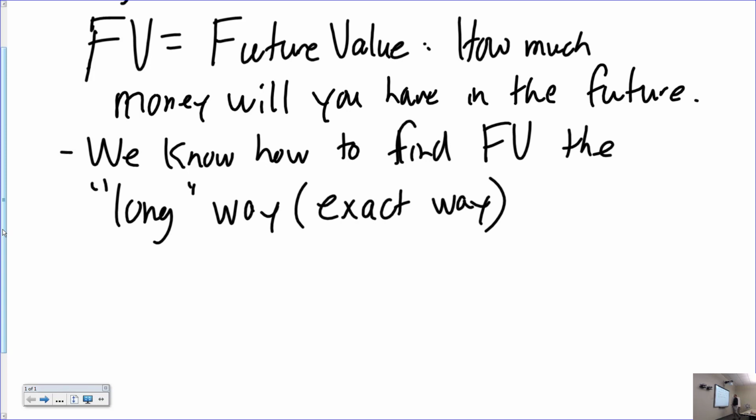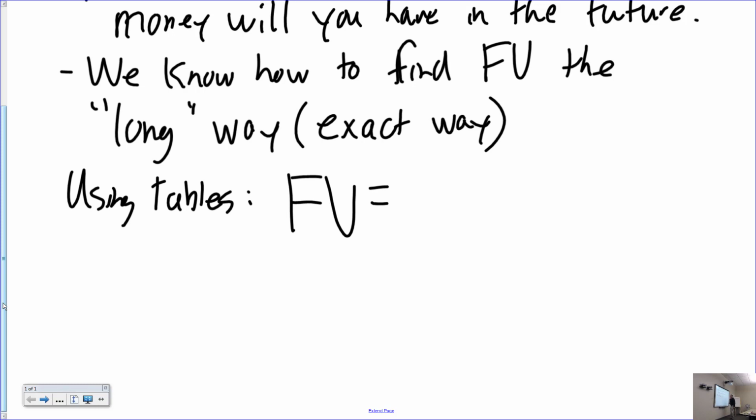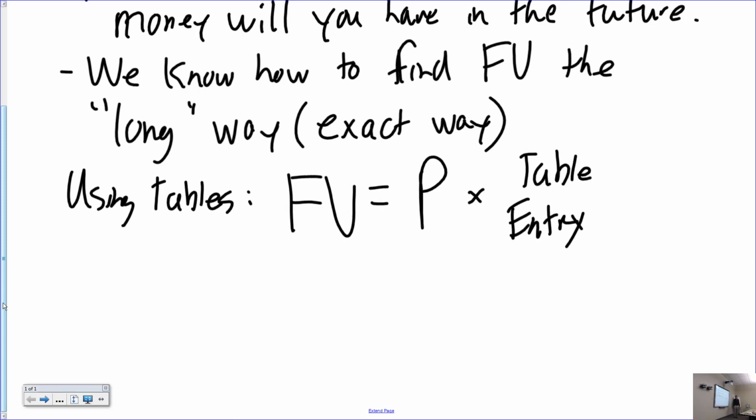When you are using the tables, you will find the future value by doing this. That's it.